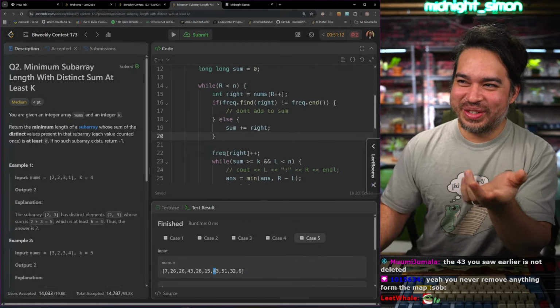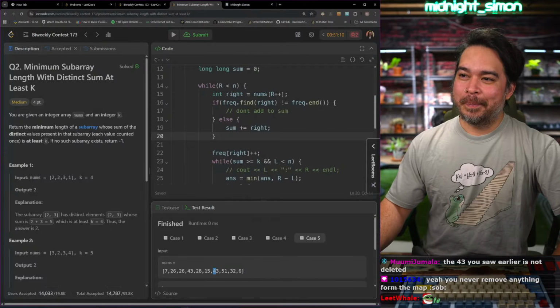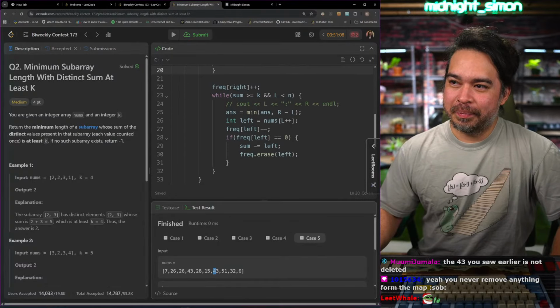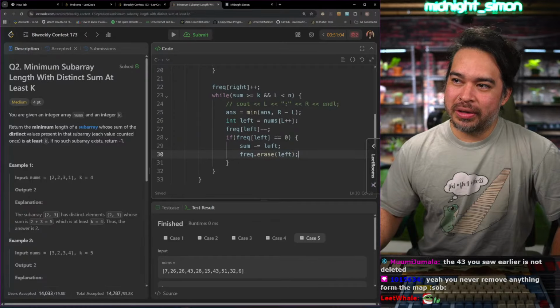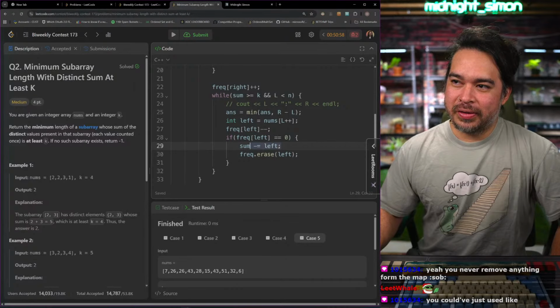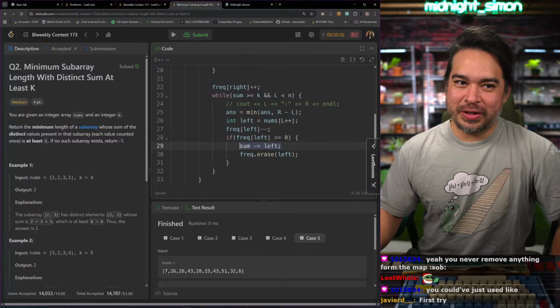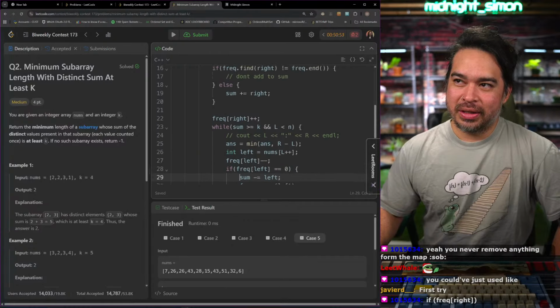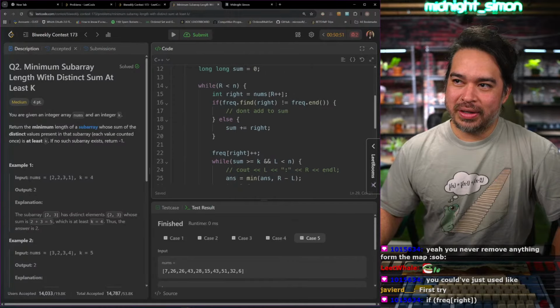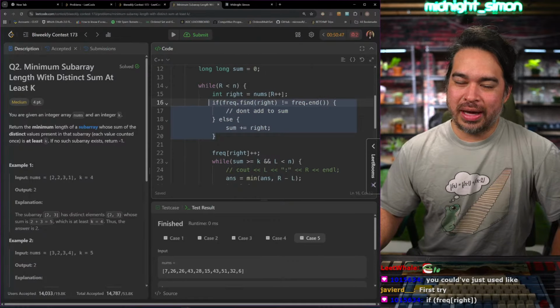Because I should have just used a multiset. But even if I did use a multiset, I think I'd still have the same bug, because my thought was it's not necessary to erase from the map, only to subtract from the sum. But it was necessary because I do this check in the map to see whether or not I should add it to the sum.